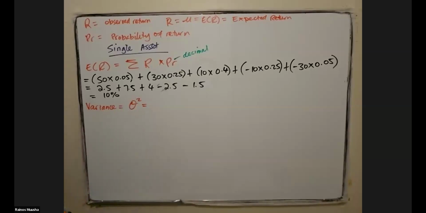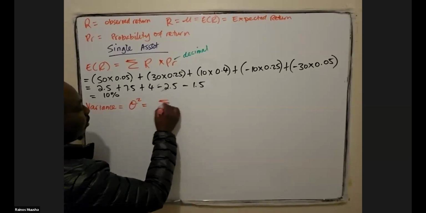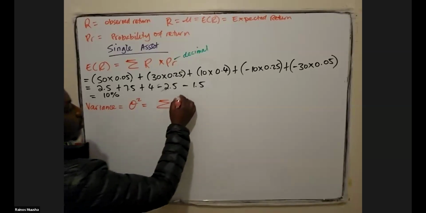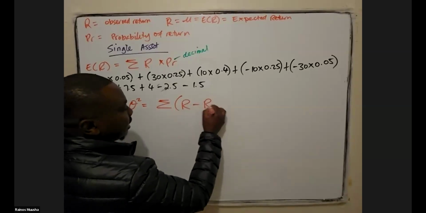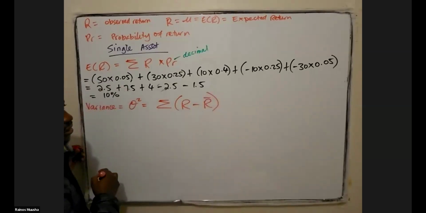Now, for you to get to the standard deviation, please note that the first step is for you to calculate the variance. And your variance is given as the sum of the observed return minus the expected return that we have calculated.